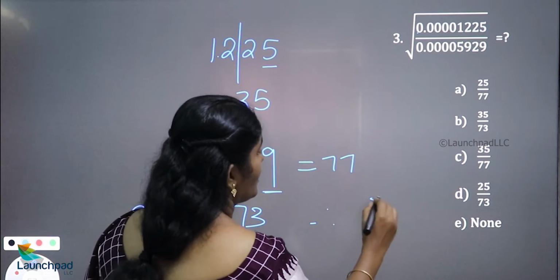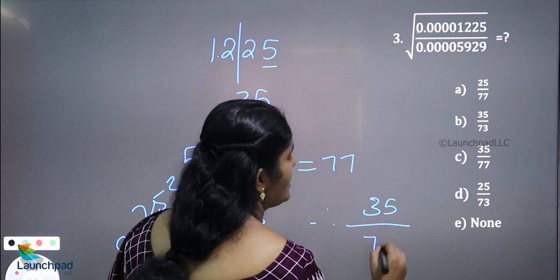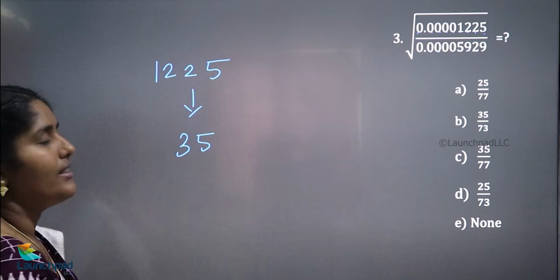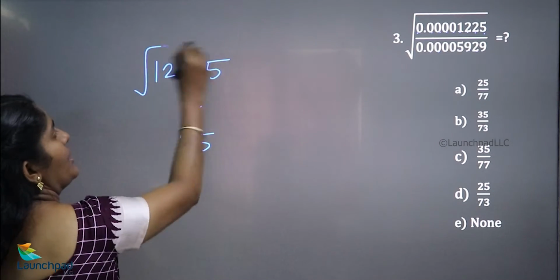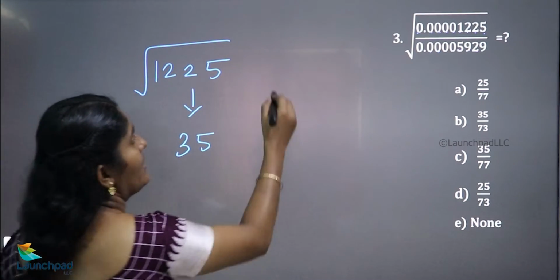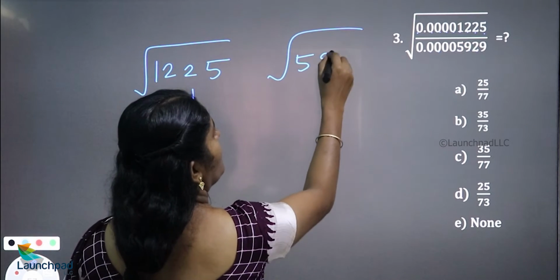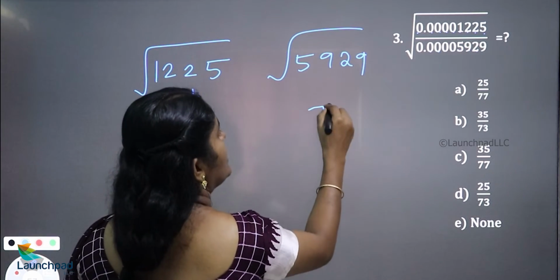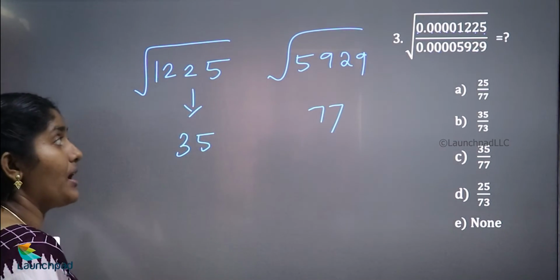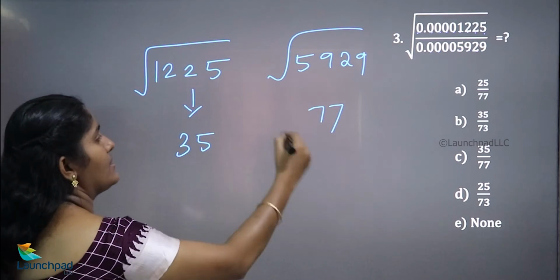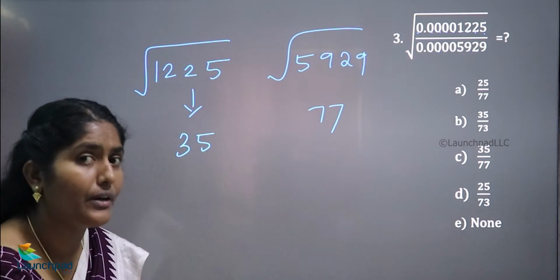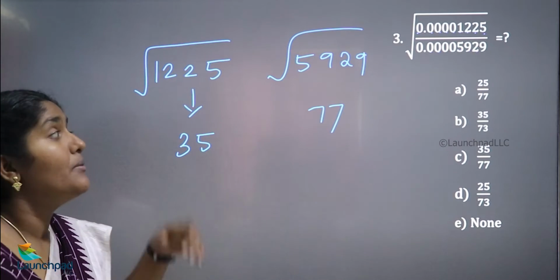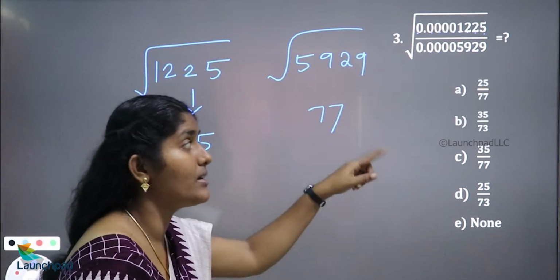Therefore 35 divided by 77. The respective square root of 1225 is 35 and the respective square root of 5929 is 77. Now you want to convert 35 and 77 to decimal values, but look at your options, there are no decimal values.